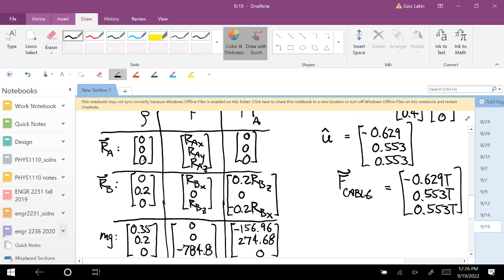So what we're doing here is adding up all those Y components and setting them equal to 0. And then I move the constant to the other side.